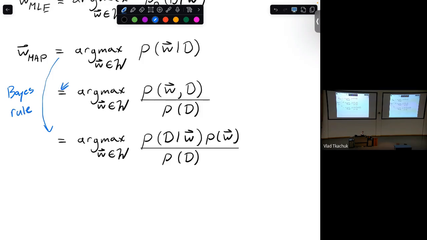This is just the definition of conditional densities. This is the chain rule. Anyways, the point is we get an expression like this.